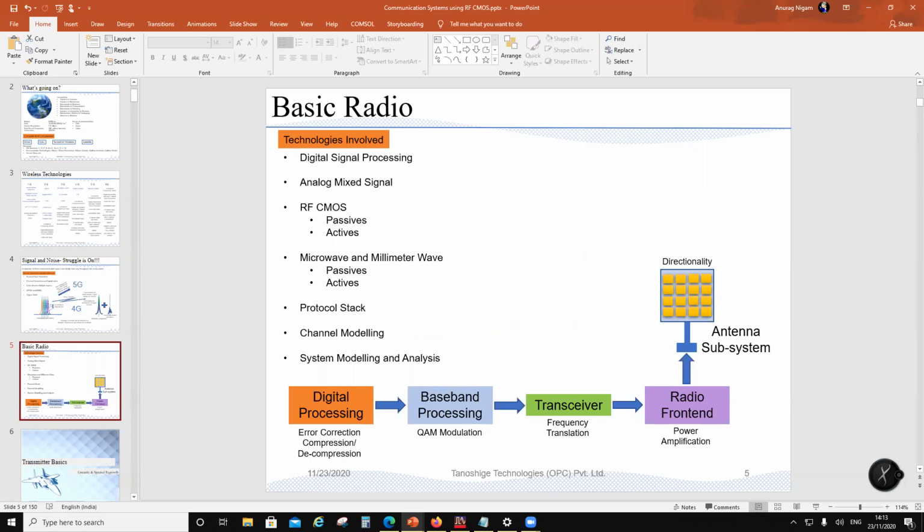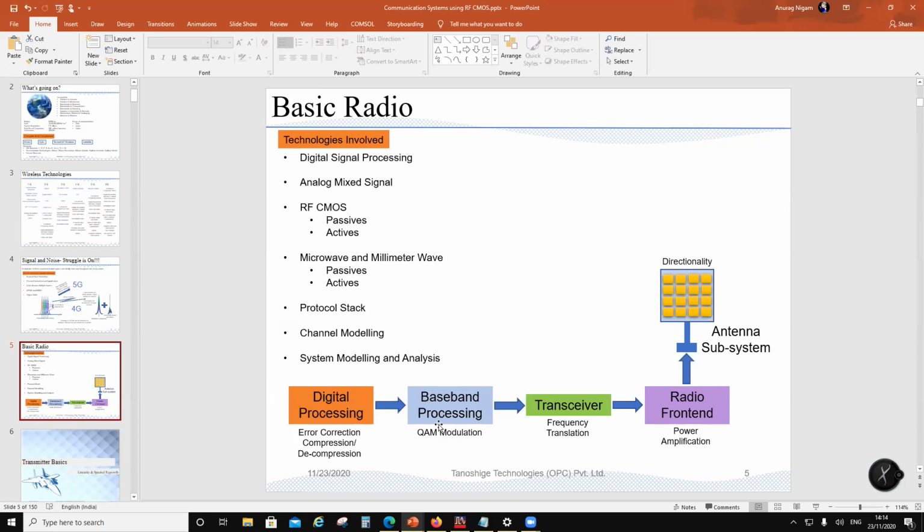The basic radio is going to have digital processing: all the compression, scrambling, error correction, block codes, turbo codes, whatever you call that would be digital processing. That is mostly done on some kind of a processor. Now, when you go to the PHY layer, I have to modulate, picking some form of QAM, so I will call that a baseband.